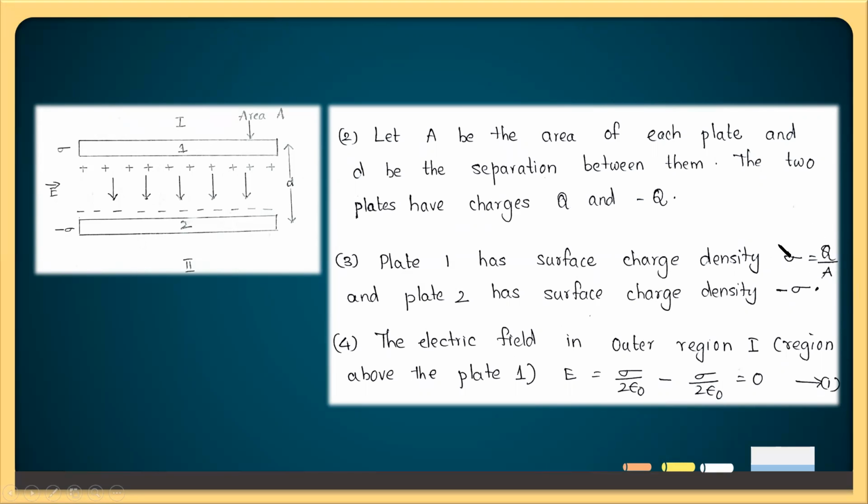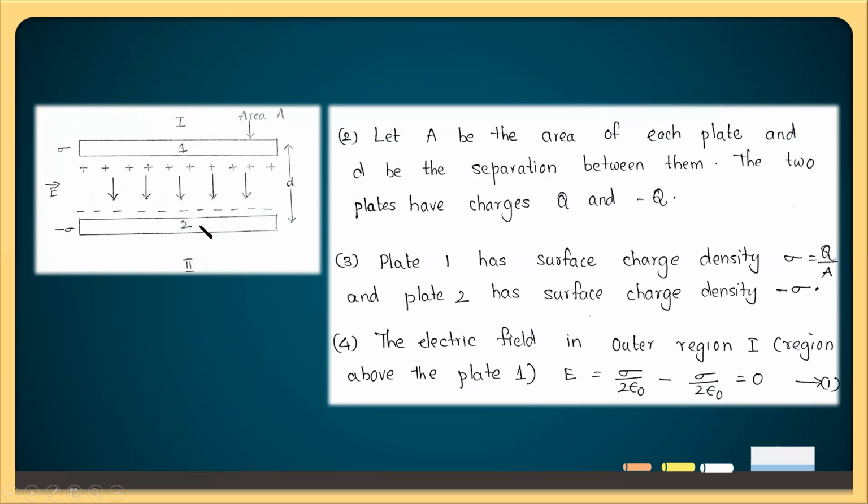This we have studied in the first chapter. We studied three definitions: linear charge density, surface charge density, and volume charge density. The second one is surface charge density. Charge per unit area is called surface charge density, that is, sigma is equal to Q by A. So for the first plate, the surface charge density is sigma.